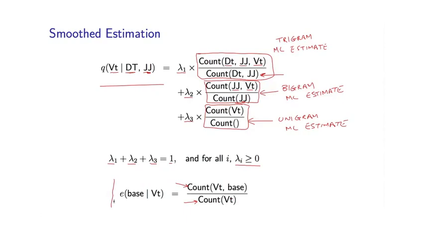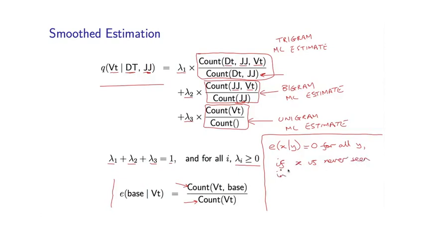So that's basically it, although there's one problem we need to worry about, and that's the following. E of x given y is going to be 0 for all y if x is never seen in the training data.